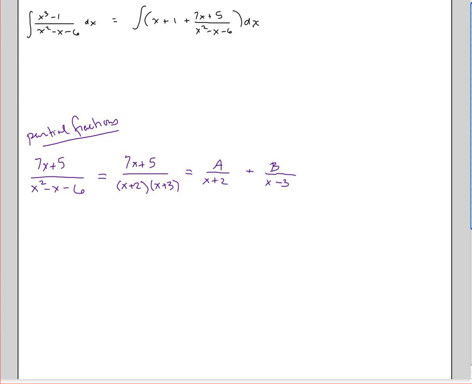I get 7x plus 5. Well, I'm going to add these. Of course, you add fractions by finding a common denominator, and the common denominator is the product. Just a minute, that should be a minus.